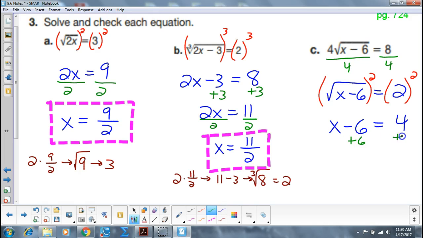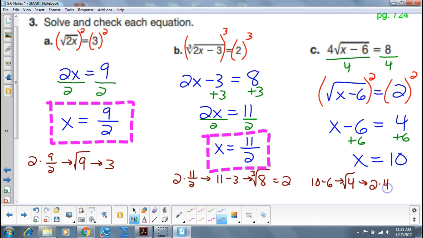Add 6. x equals 10. 10 minus 6 is 4. The square root of 4 is 2. 2 times 4 is 8, equal to 8. Checks out.